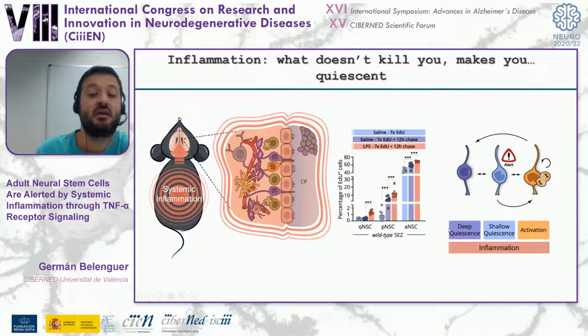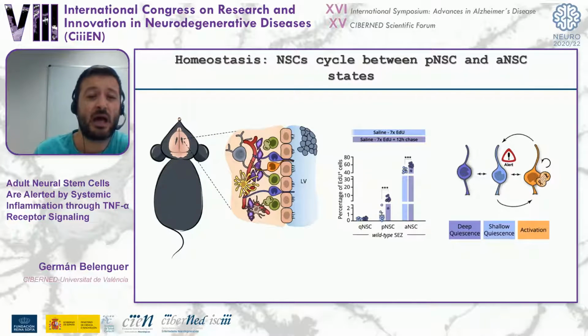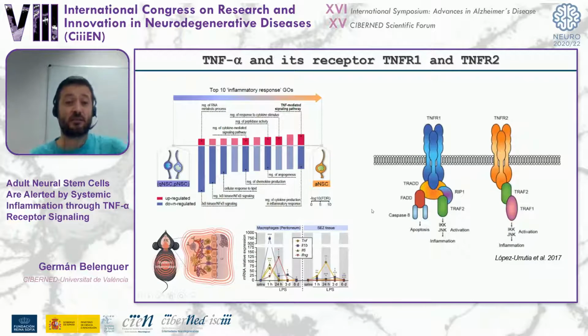So this could demonstrate that cells after activation can go to a deep quiescence, and explains why we observe more quiescent stem cells when inducing systemic inflammation. And what's the mechanism of this?